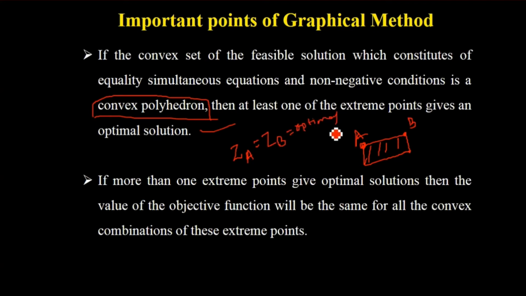So A and B are optimum solutions, each a combination of x1 and x2. Now in this convex region, this is a line segment between A and B. That means if you take any other point on the line segment between A and B, it will give the optimal solution. I think it is clear now.